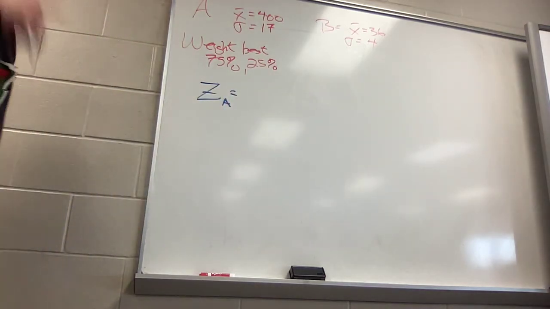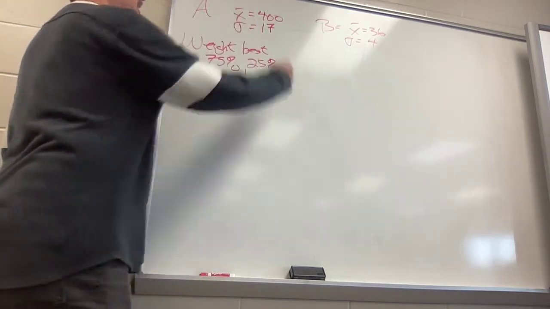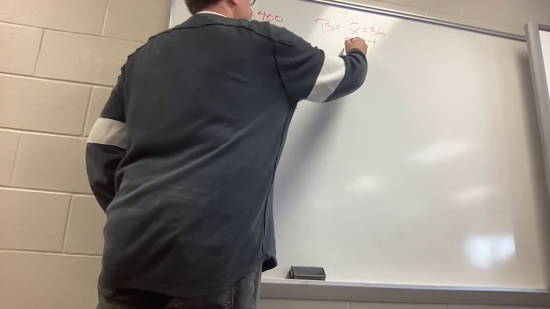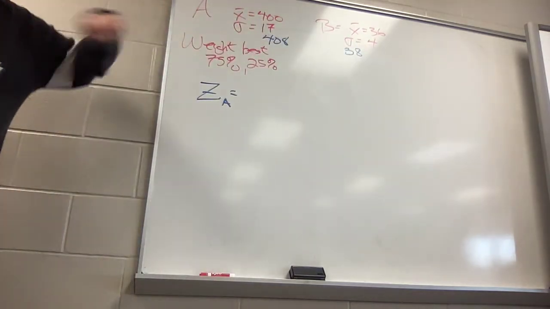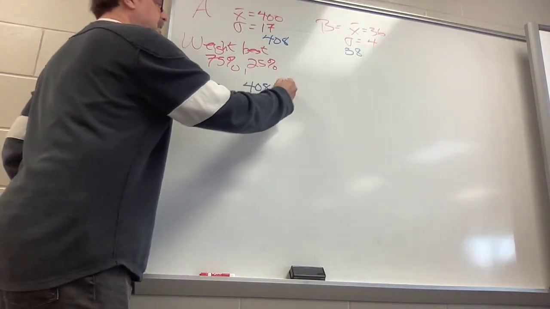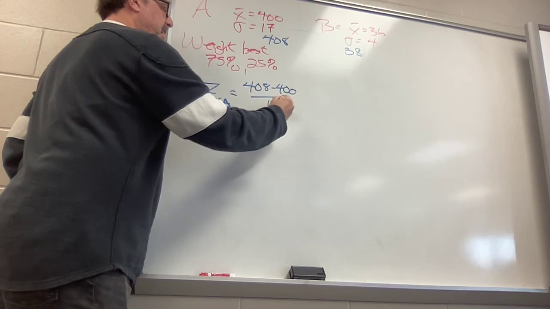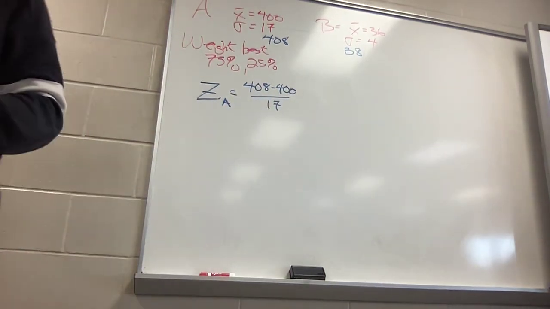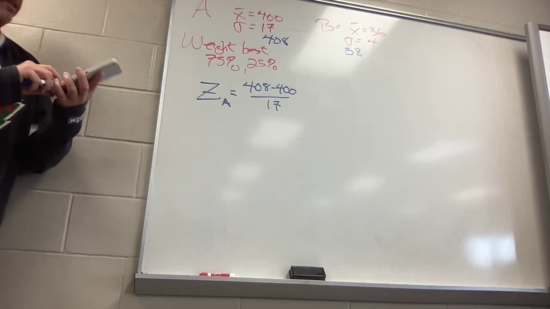All right, so let's see. On test A, you got a 408, and on test B, you got a 38. All right, so Z-score on A, your data minus the mean over the standard deviation. Because our table goes to the nearest hundredth, we'll go to the hundredth.